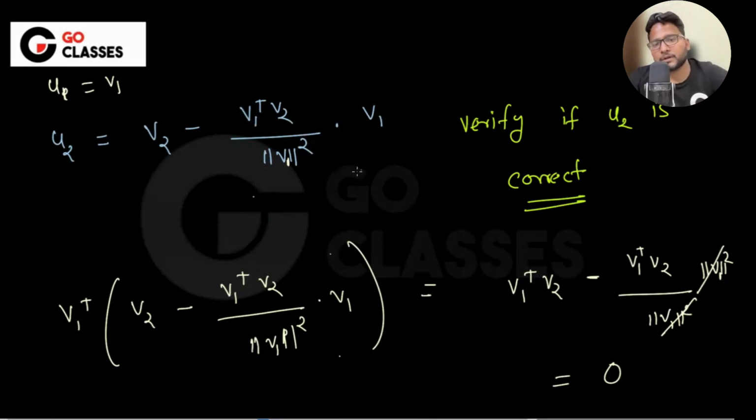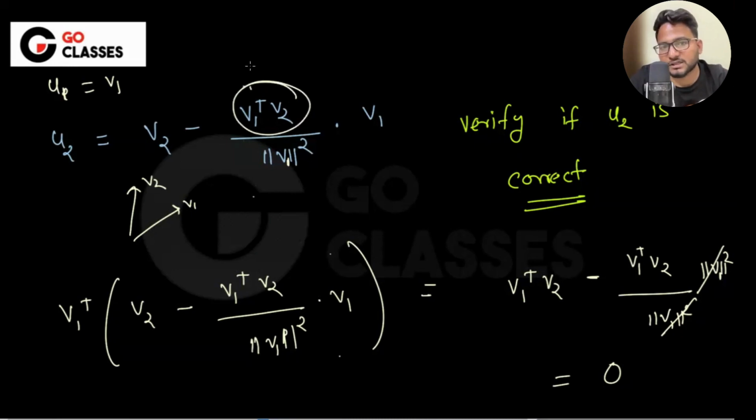If this is V1, this is V2, you can also write V2 transpose V1, it doesn't really matter because this is a scalar. Since this is a scalar, you can also take the transpose of the scalar. This is V2 transpose V1 or V1 transpose V2, both are fine.